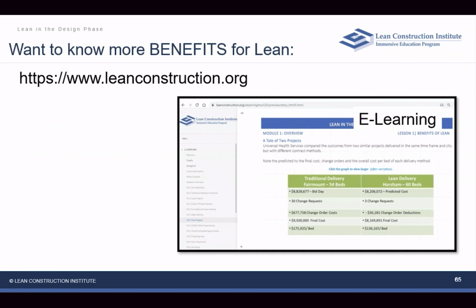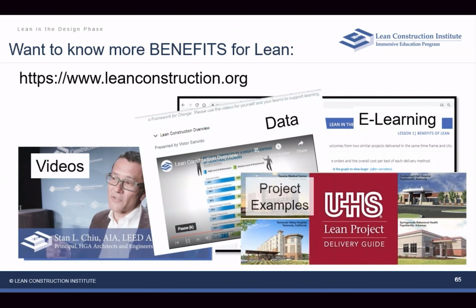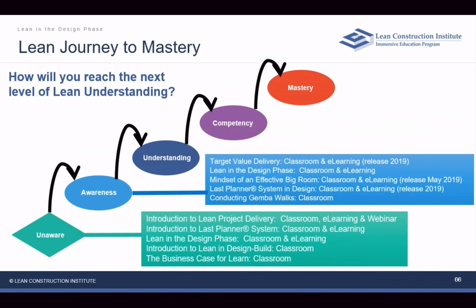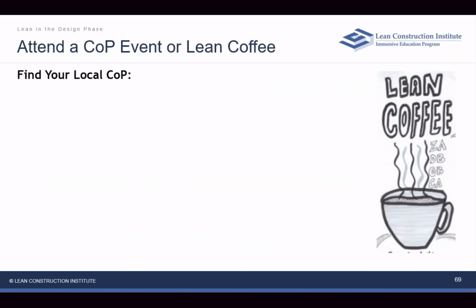Again, there's e-learning on the website. There's lots of videos. There's data. There's project examples and reports and technical reports out there if you need the data. There are a number of classes. We've been in this whole area of awareness, and we've been doing lean in the design phase, and you can dive deeper into lean in design phase. There are books available. Do a study action with your group. Read a book together and then start applying it to your work.